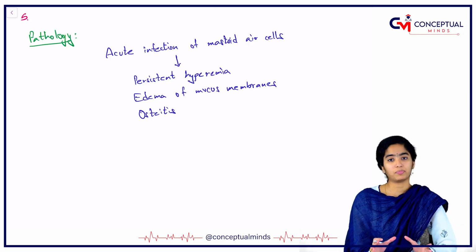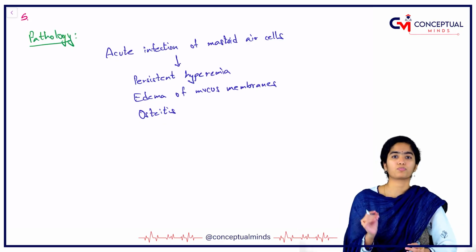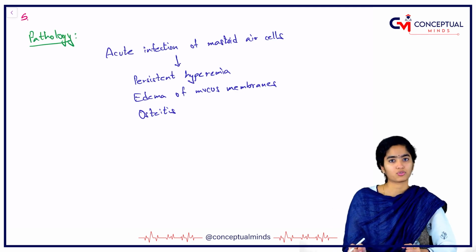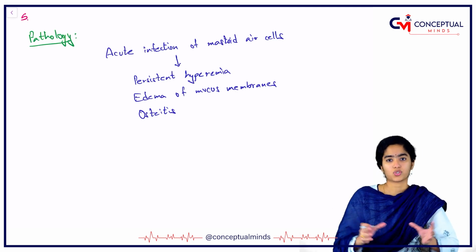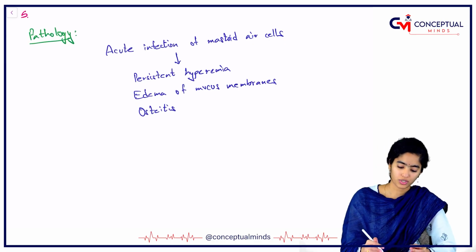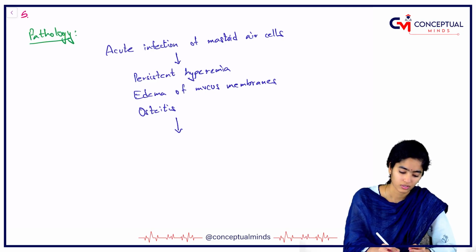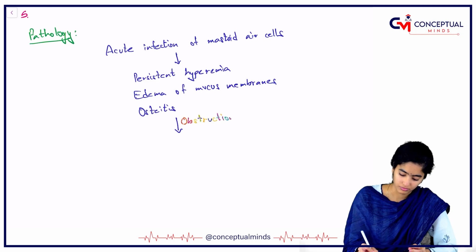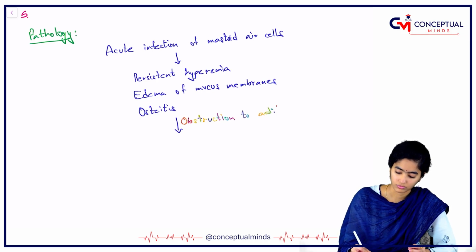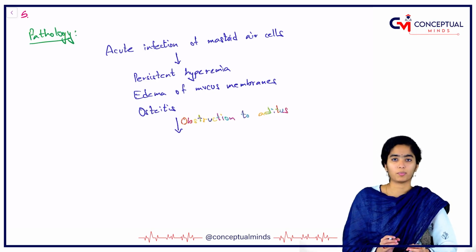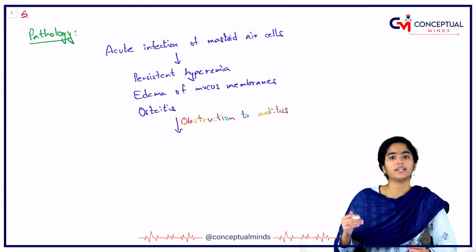All these things, the hyperemia, the edema, will lead to obstruction to the aditus. What is the aditus? It is the communicating pathway, the channel between the middle ear and the mastoid antrum. Because of this engorgement, because of this edema, there is obstruction to the aditus. The aditus is obstructed, but the formation of pus inside the mastoid antrum continues.